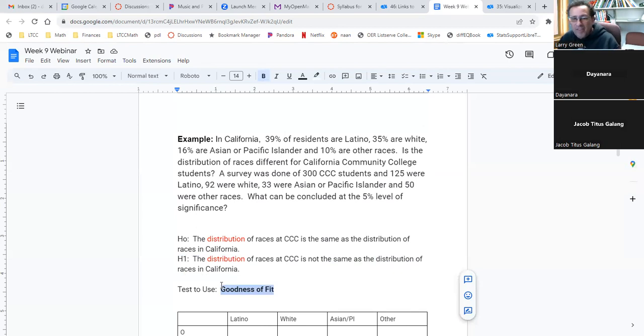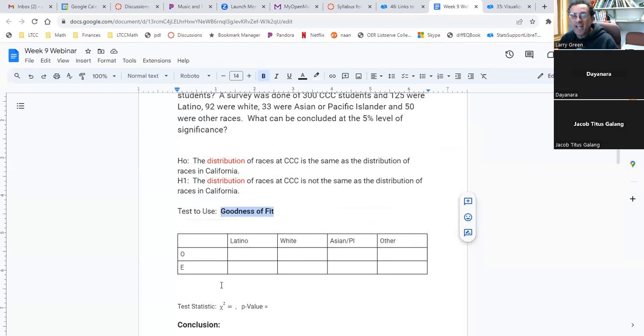Okay, so then the next step is to create a table. This is an observed and expected table. Here's how the table works. Sometimes you'll see it with rows and columns this way, sometimes you'll see it backwards. It really depends on what fits on the page. The calculator, if I remember right, goes the other direction. But the idea is there's an observed row and an expected row.